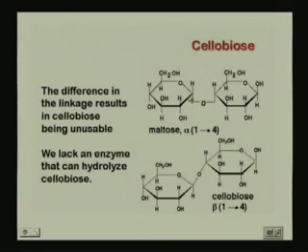Now, just because this linkage is different, we have an enzyme that can break this disaccharide down, but we do not have an enzyme that can break this disaccharide down. Okay? It is that specific. All the enzymes that break down sugars, which we will see later on, we have an enzyme that can break maltose, but not an enzyme that can break cellobiose, and the only difference is that this is a beta 1,4 linkage and this is an alpha 1,4 linkage.